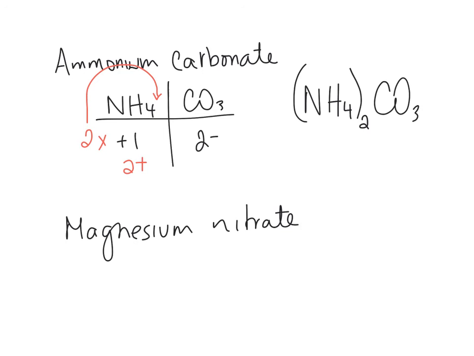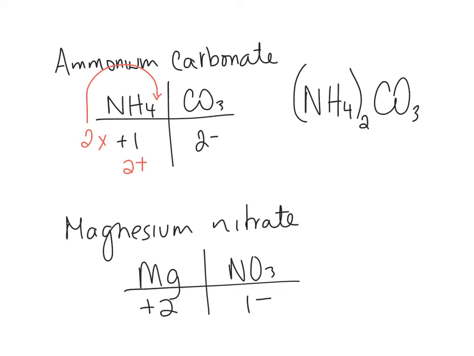If there was more than one carbonate, if there had been a multiplier, then you would have to put carbonate in brackets. Magnesium nitrate. So magnesium and nitrate. So nitrate is 1 negative, magnesium is 2 plus. These don't add to 0, so if we multiply the smaller one by the bigger number, now we have 2 negative and 2 plus add to 0.